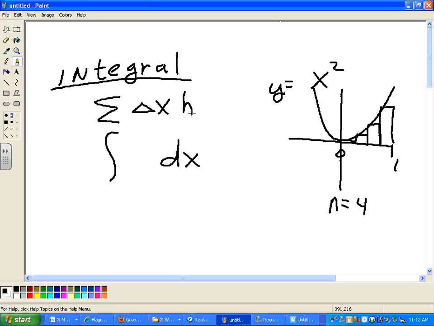And then up here, we were doing the height, which we're going to put in with a function of x. Really, we kind of did that because we put in the numbers, and that told me how tall that was.